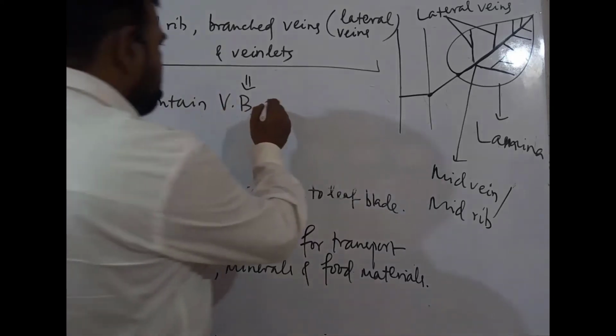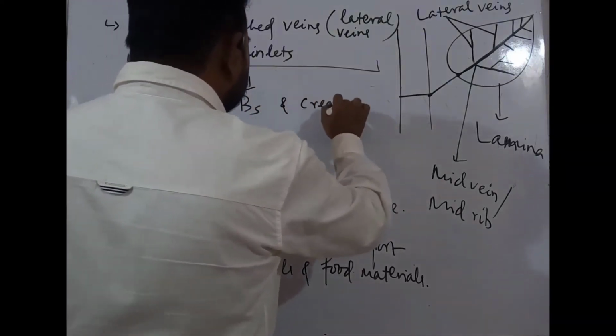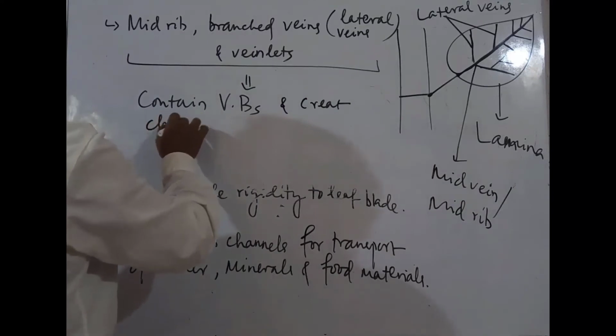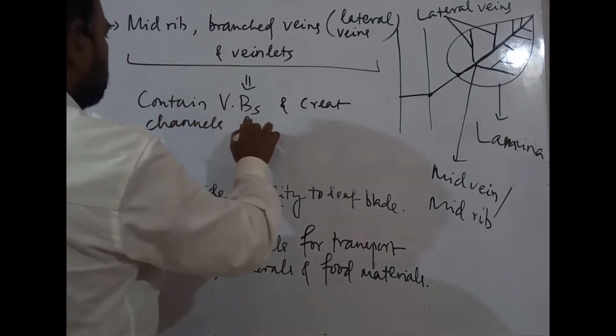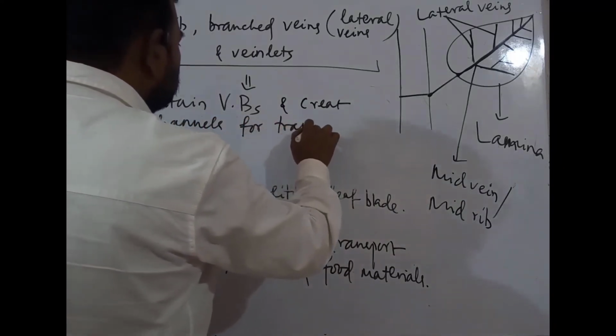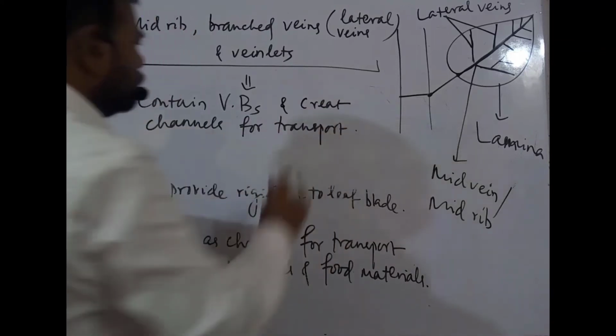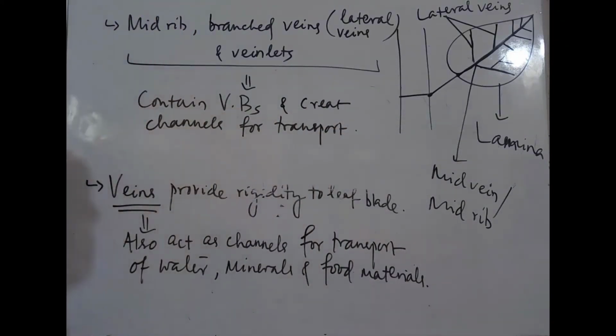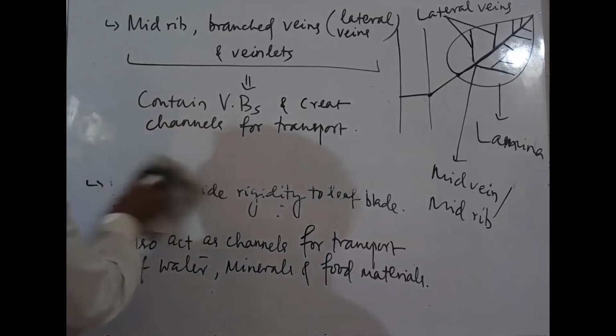So contain vascular bundles and create channels for transport. And the size varies. And size of the vascular bundles is directly proportional to the size of veins.